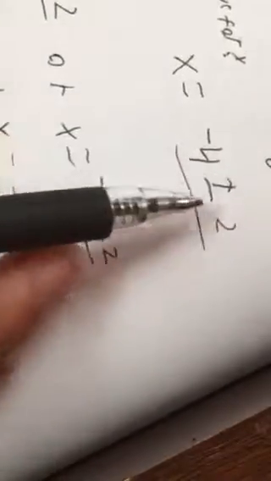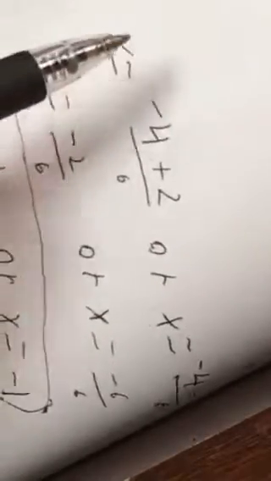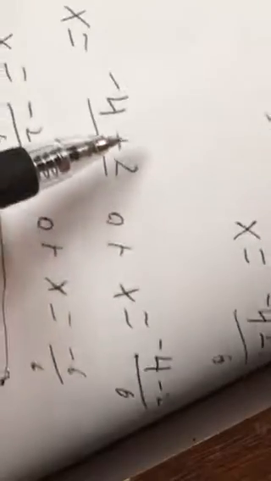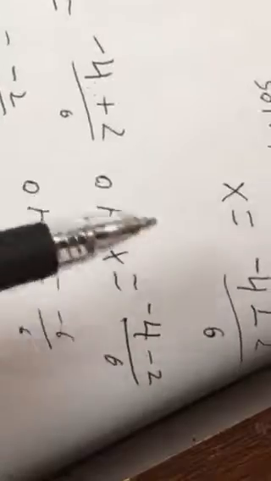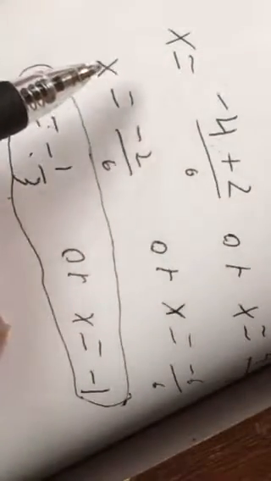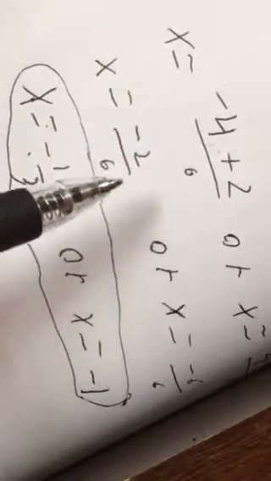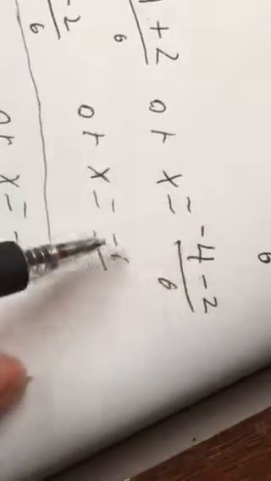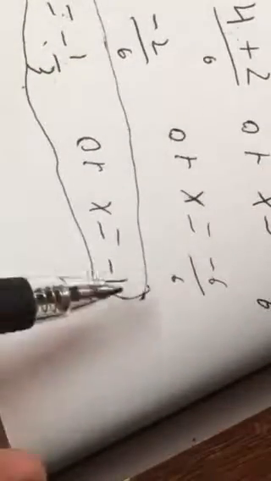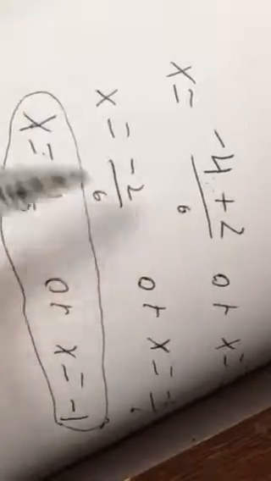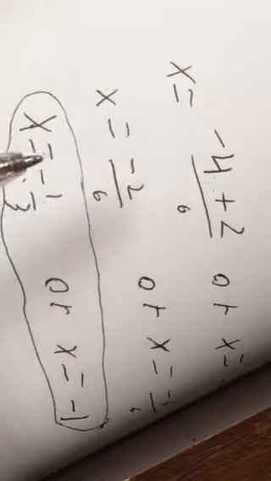So then you have to split this into two equations because of that plus or minus. You have one equation with the plus sign and one with the negative sign. So negative 4 plus 2 over 6, or negative 4 minus 2 over 6. So x equals negative 2 over 6, or x equals negative 6 over 6. And if you simplify this, you get x equals negative 1 over 3, or x equals negative 1.